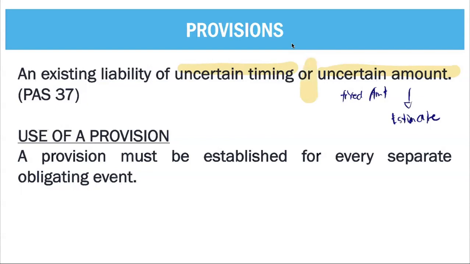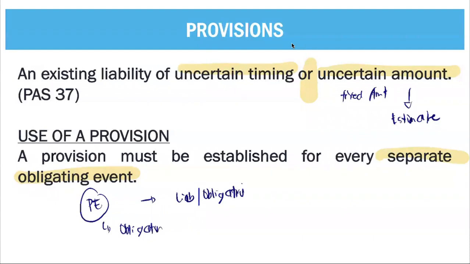So when do you use a provision? You use a provision for every separate obligating event. Remember, before, in the definition of a liability, we need a past event to create a liability or an obligation. In this case, for provisions, we must first have a past event, also known as an obligating event, before we can recognize a liability, which we know as a provision.